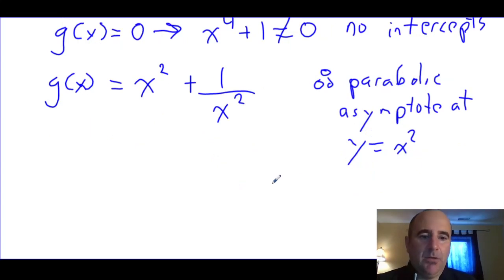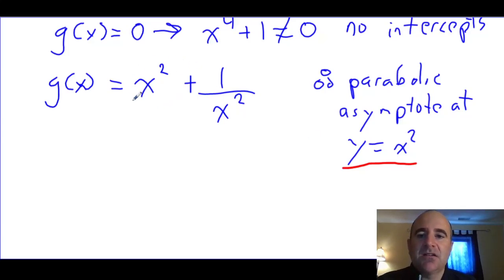To help you further understand that, imagine you have a number, even x equals 3. You'd have 3 squared, which is 9, plus 1 over 9. So you have 9 and 1/9. If x equals, say, 5, you'd have 25 plus 1 over 25, so 25 and 1/25. Well, that's very similar to the graph of y equals x squared. You just have that 1/9 or that 1/25 added to it.